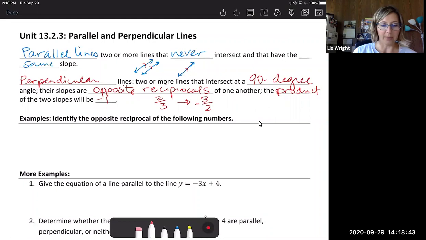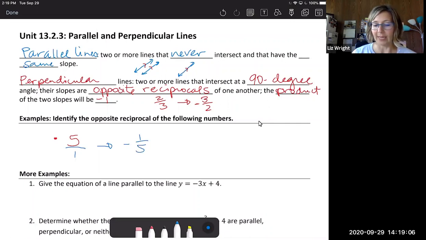So another example I'd like you to look at is maybe something like the number 5 and think about what would be the opposite reciprocal of that. And so think about how that would be like 5/1. And so the opposite reciprocal would be negative, because the 5 was positive, and then it's going to be 1/5.